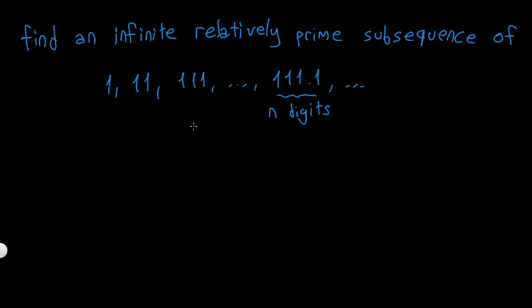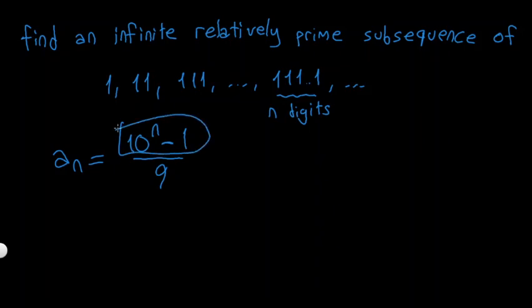Okay, so let's see. First of all, in that video I generalized the term. If we say a_n is the general term, it will be (10^n - 1)/9. This is easy. You can either do it with a geometric series or just imagine it's 99999 over 9, which gives 11111.